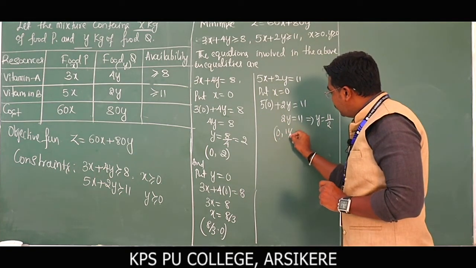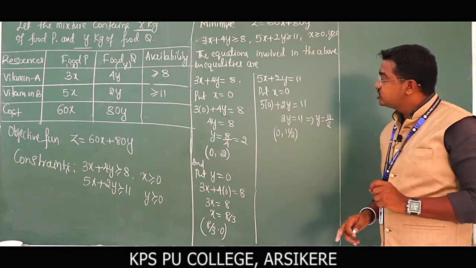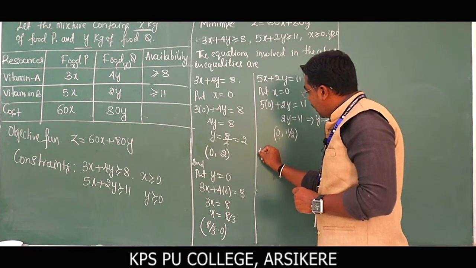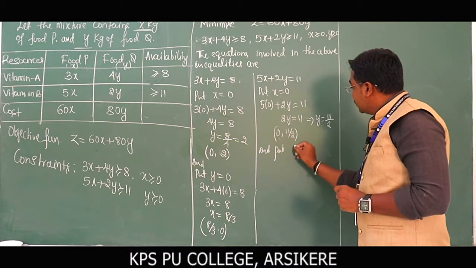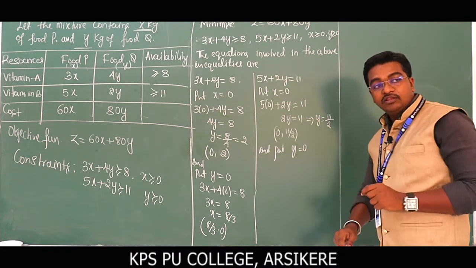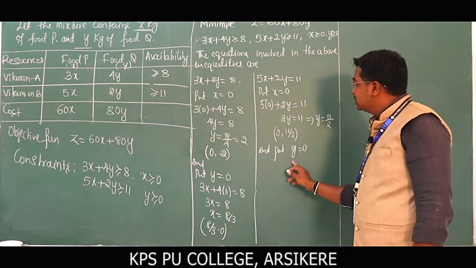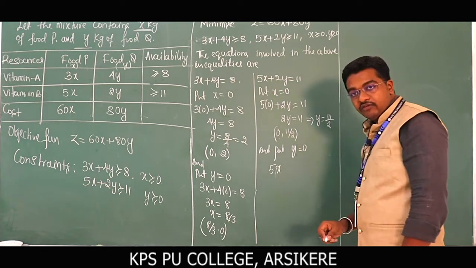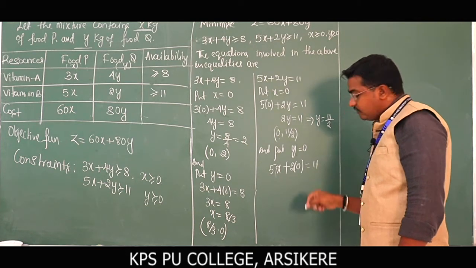What is the corresponding point on the y axis? 0, 11 divided by 2 is the point of intersection of the line 5x plus 2y is equal to 11 on the y axis. And next, put y is equal to 0. We need to find the point of intersection on the x axis. When I substitute y is equal to 0, we get 5 into x, 5x plus 2 into 0 is equal to 11.